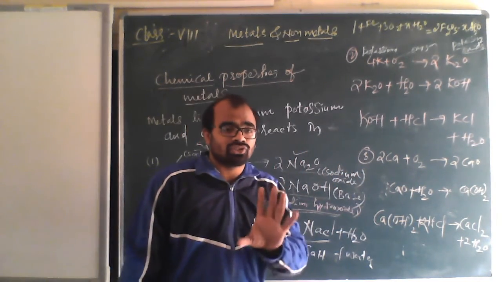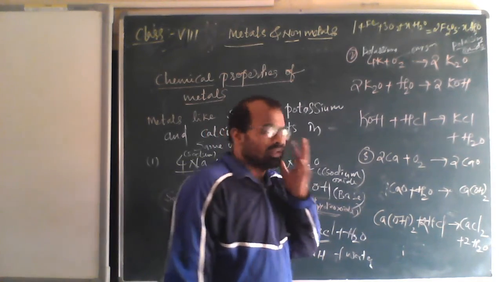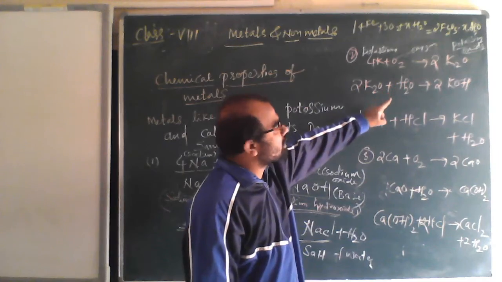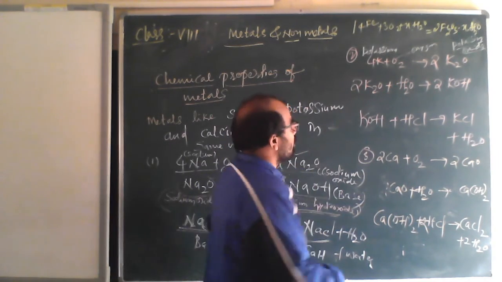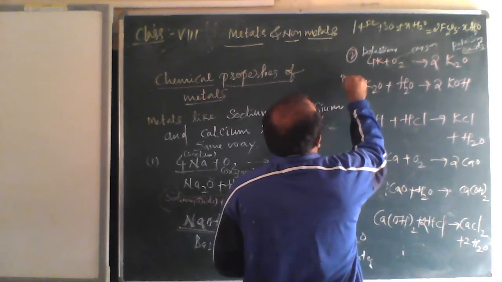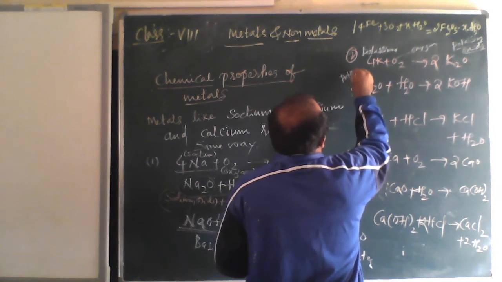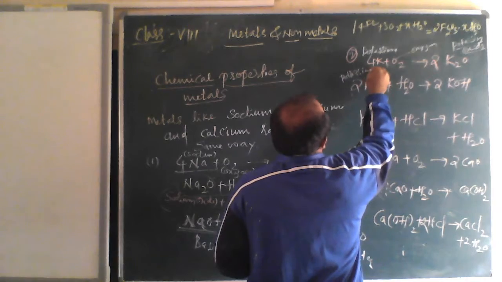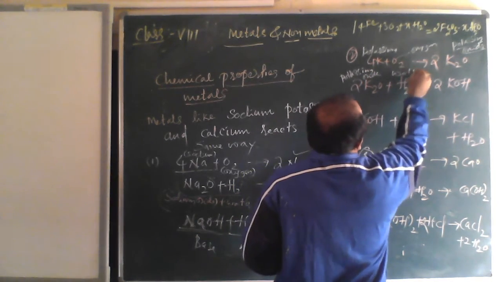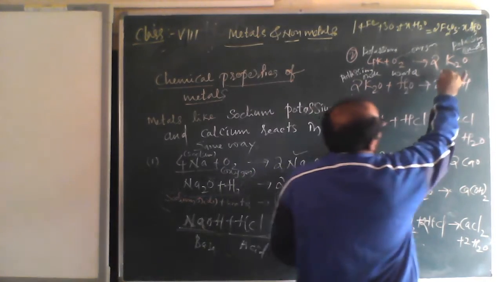What acid and base are, you already know. So, being basic in nature, this will react with water. Potassium oxide reacts with water to form what?